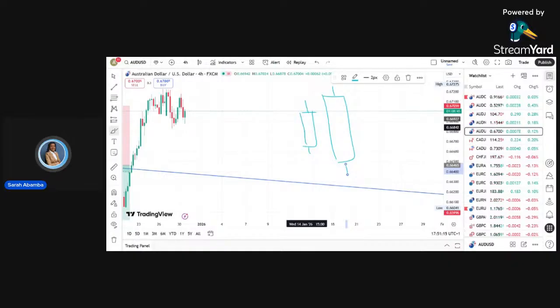When a bullish engulfing pattern is formed, what we're expecting is that the market is going to start buying.